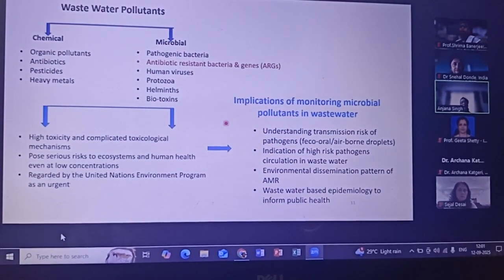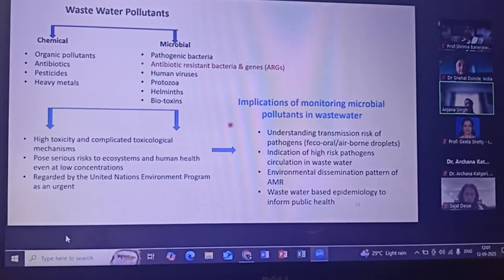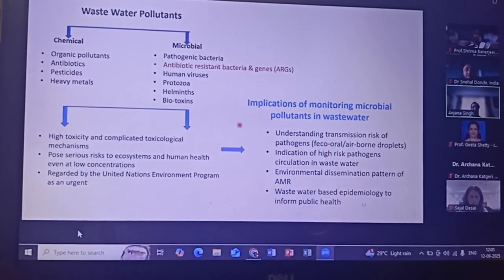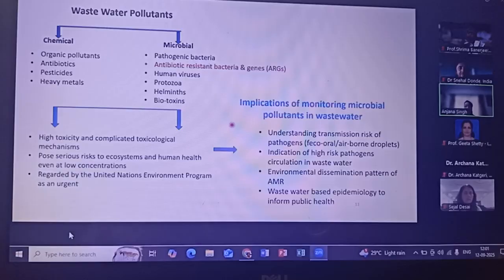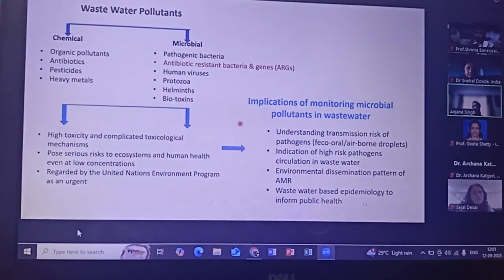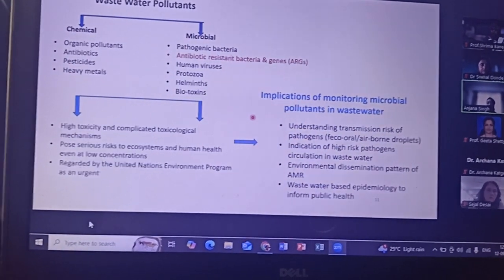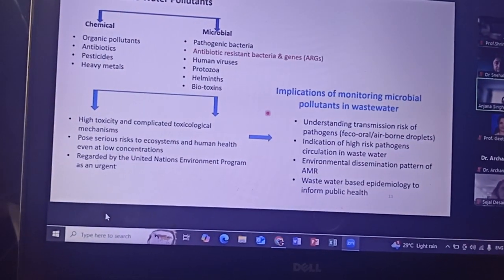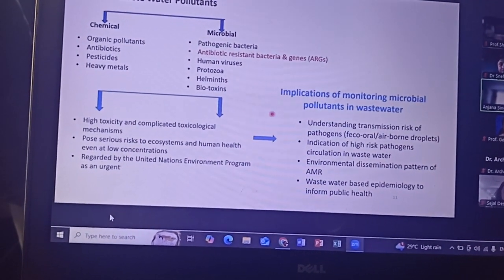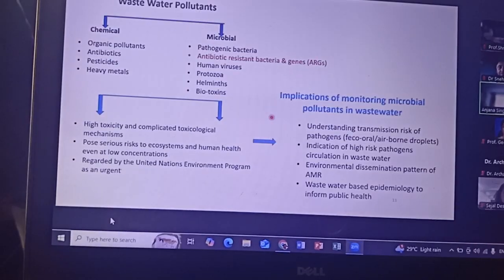Wastewater pollutants are chemical and microbial, which I have already talked about. There are various types of pathogenic bacteria, antibiotic-resistant bacteria, some carrying resistance genes also, and human viruses, protozoa, helminths, and biotoxins.